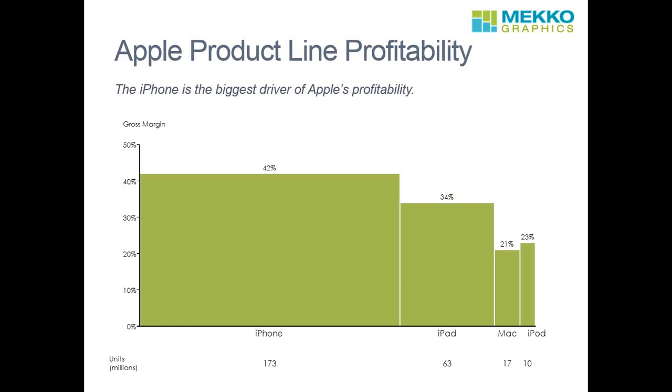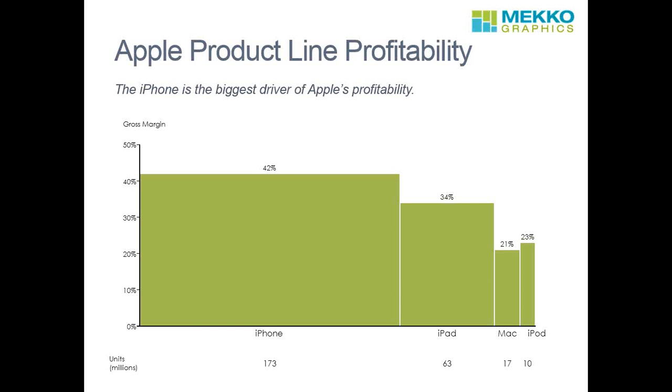It's a good chart type if one of your variables is growth rate or margin, sort of a percent variable. And here you're looking at iPhones and the Apple product line, and you can see the height of the bar is the gross margin of each Apple product line, and the width of the bar is the number of units sold.